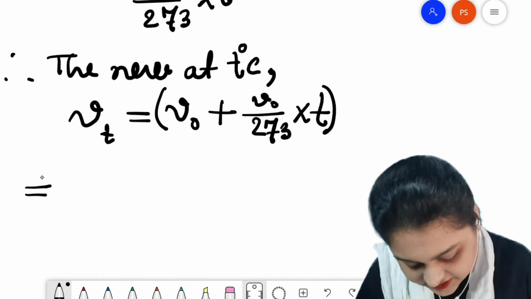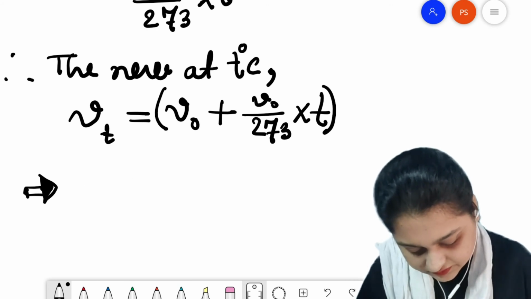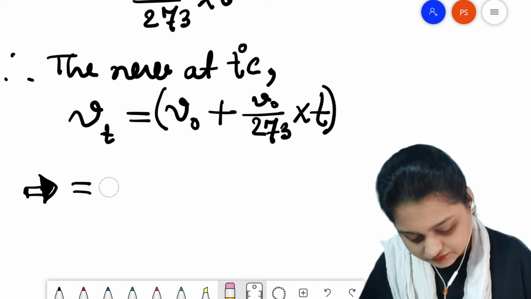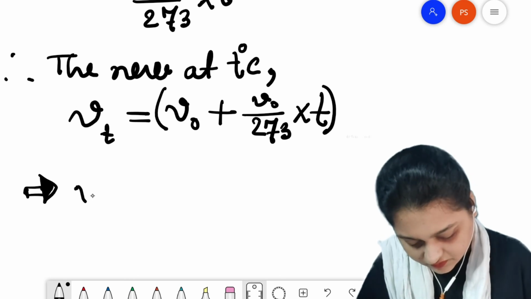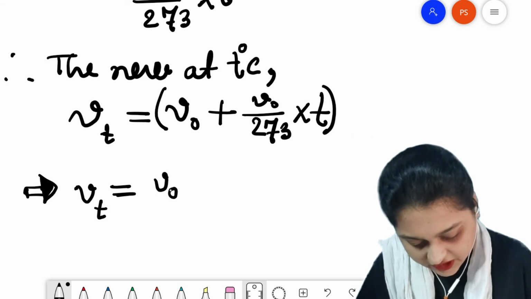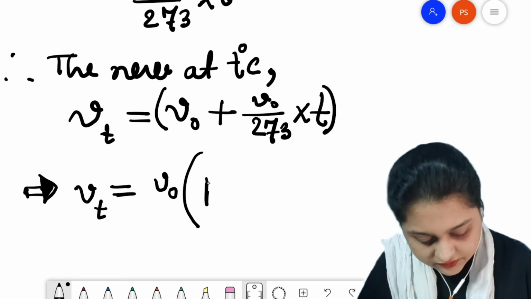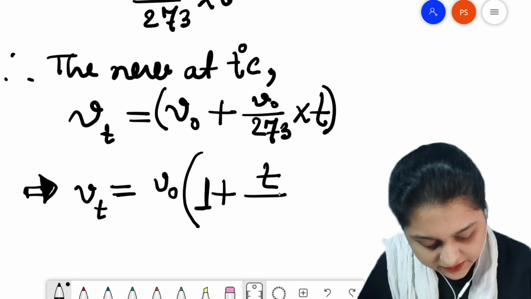By doing a little simplification, we can find that Vt equals V naught whole into 1 plus T by 273.